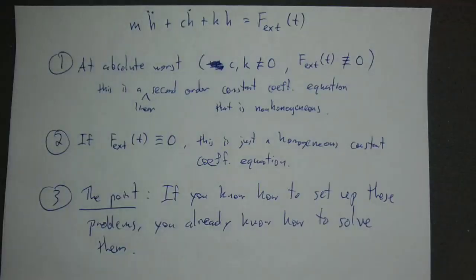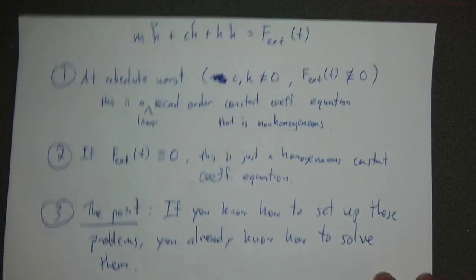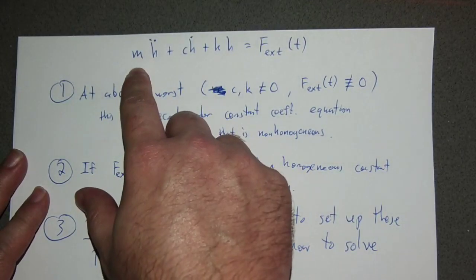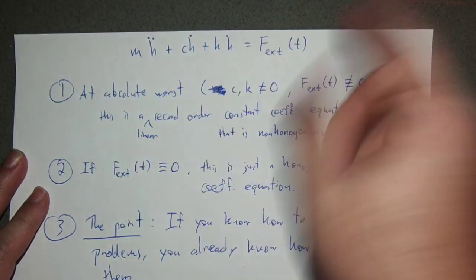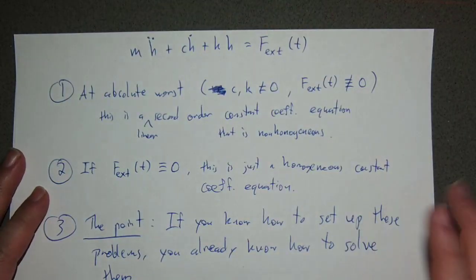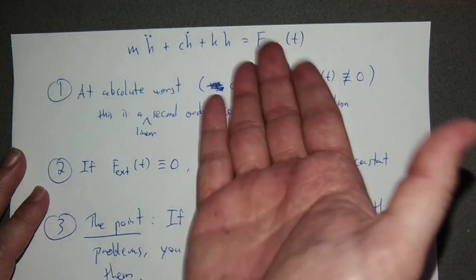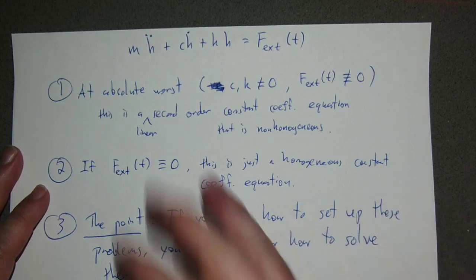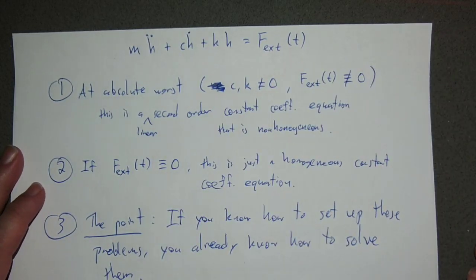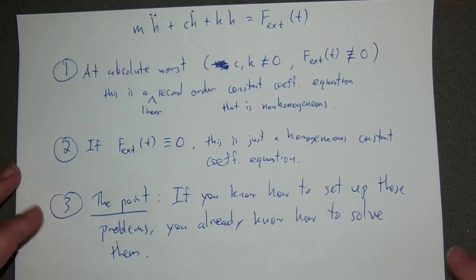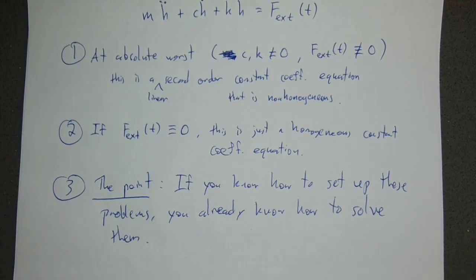Those are the main two things you need to know in order to find K and C. Once you know K and C, you're typically given the mass. Once you know the forcing function, if it exists, you have your problem here. And like I said, at absolute worst, it's a non-homogeneous linear second order constant coefficient equation. We already know how to solve those things.